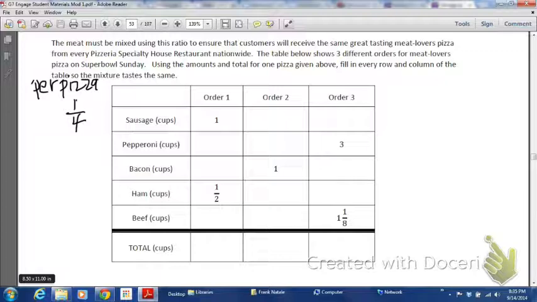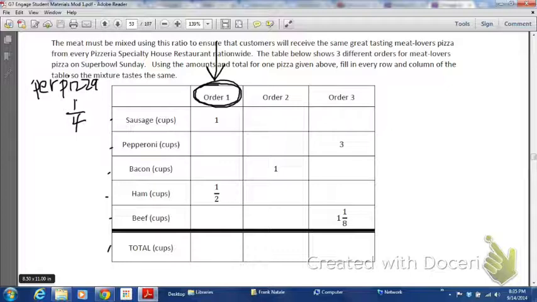All right. We then know that we have, what have we multiplied our rate by, or our pizza by, to get order 1. Now if you look at it this way, you're looking down on the order this way. So you've got your sausage, pepperoni, bacon, ham, beef, then total cups down here.